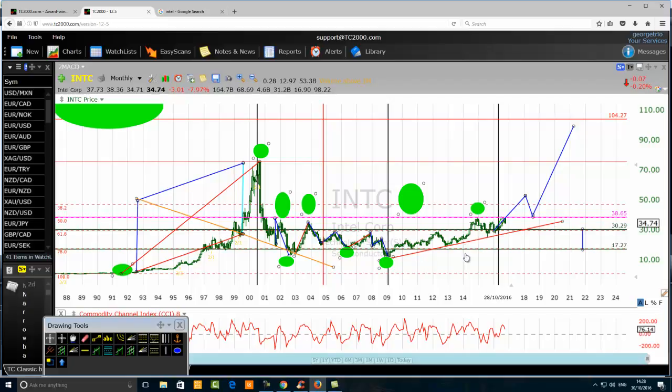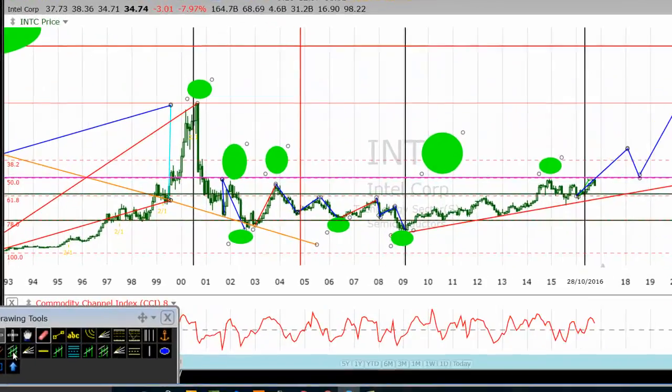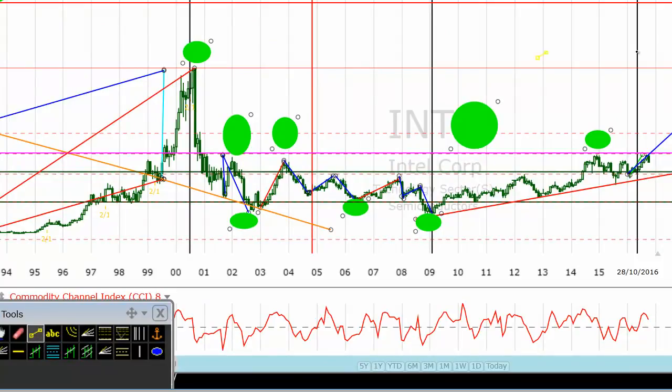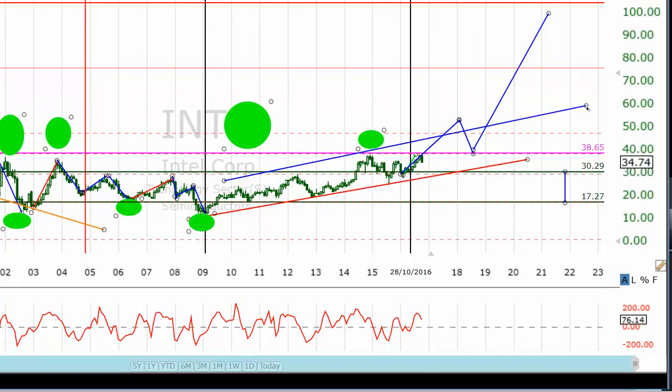Okay. So for Intel, it is above those, the bullish trend line right here. It's retesting here, and we can draw now a bullish trend line for Intel. But remember what I'm saying to you now, that key level at $38.65. All right.